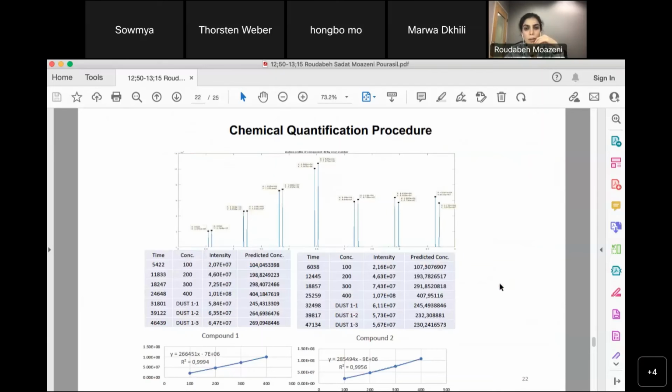For the non-target chemical compounds identified in the real dust samples, we made the calibration curve with the peak height of chemical compounds in dust 0, and after that we estimated the concentration of non-target chemical compounds in dust 1 and dust 2. Please go to the next slide.